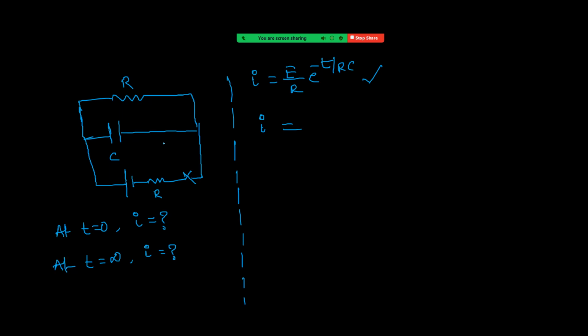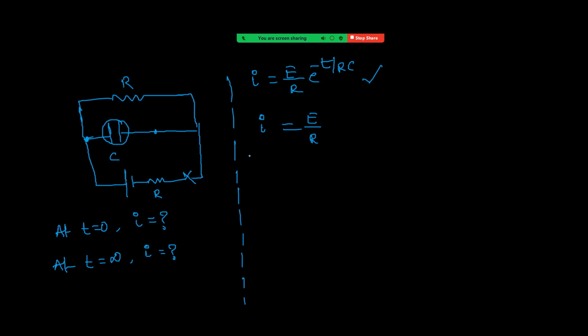So now here, just after closing, there is no current across this, this is just like a conducting wire. That means I equal to E by R, because this is acting just like a conducting wire. That is what we are saying from this result. This is when t equal to 0.